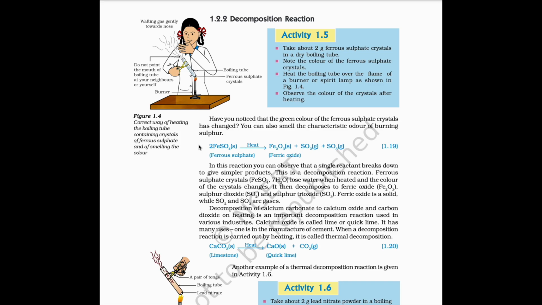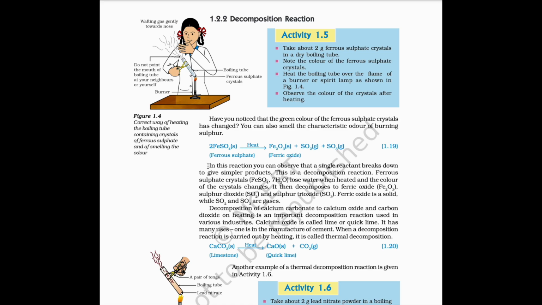2FeSO4 solid, when heated, converts to Fe2O3 solid plus SO2 gas plus SO3 gas. In this reaction, you can observe that a single reactant breaks down to give simpler products. This is a decomposition reaction.